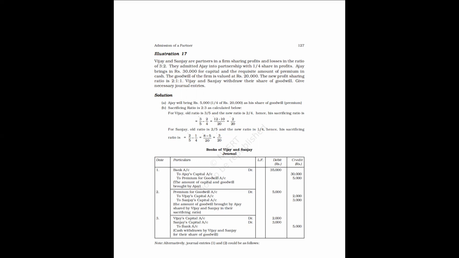Now you can calculate the sacrificing ratio because they have given the old ratio as well as the new ratio. So Vijay and Sanjay withdrew their share of goodwill. Give the necessary journal entry.